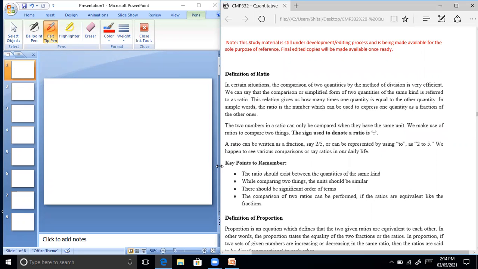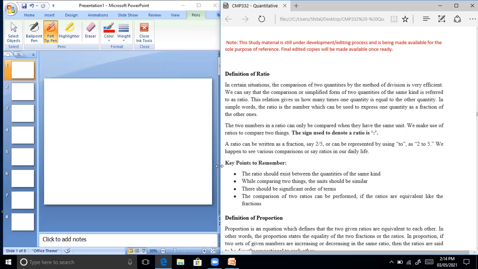In simple words, the ratio is the number which can be used to express one quantity as a fraction of the other. The two numbers in a ratio can only be compared when they have the same unit. We make use of ratios to compare two things.